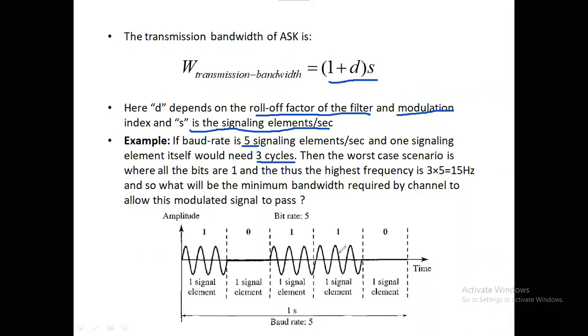So we have in fact 5 into 3, 15 hertz of the highest frequency. So what will be the bandwidth required?